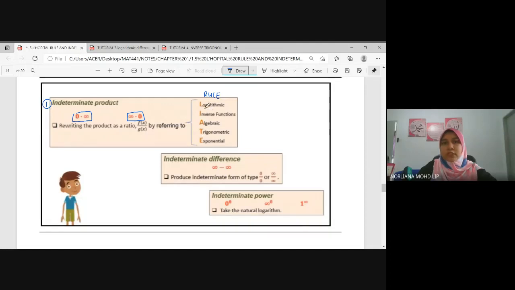LIATE rules: L is for logarithmic, I is for inverse function, A is for algebraic, T is trigonometric, and E is exponential.